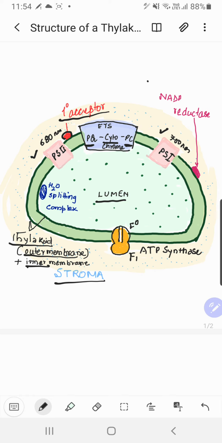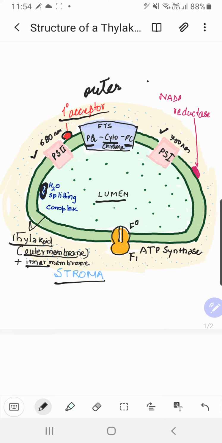So basically you just have to learn that the primary acceptor is there towards the outer side of the thylakoid, right? Though these systems, PS2, PS1 and ETS, are embedded in the double membranous thylakoid structure, another special thing that is present here is the H2O splitting complex, which will be carrying out photolysis at the time of light reaction.